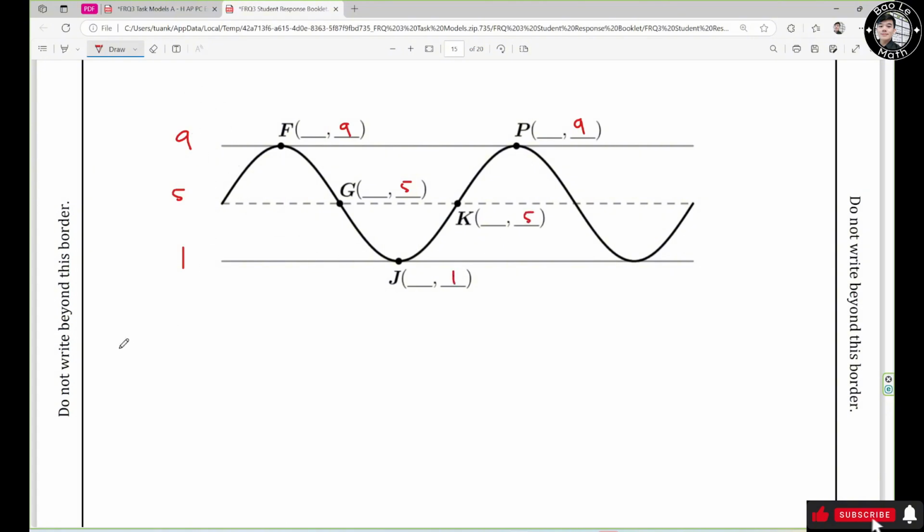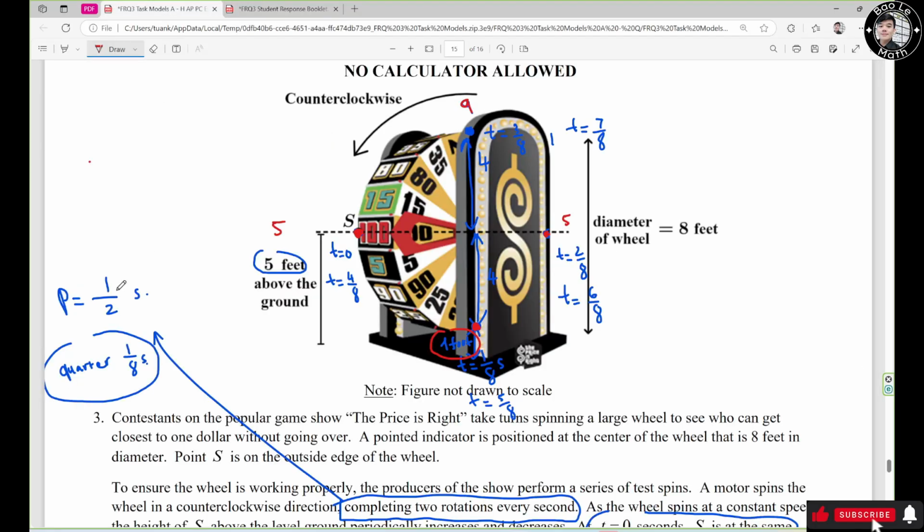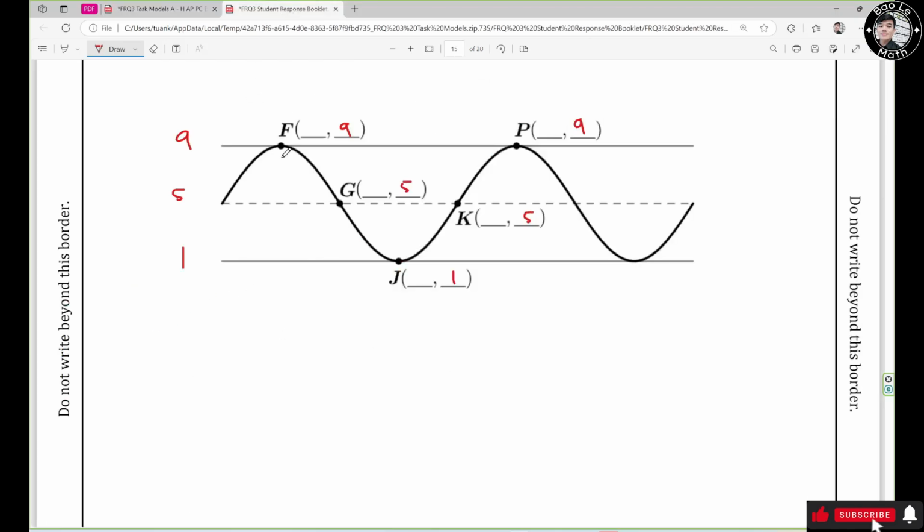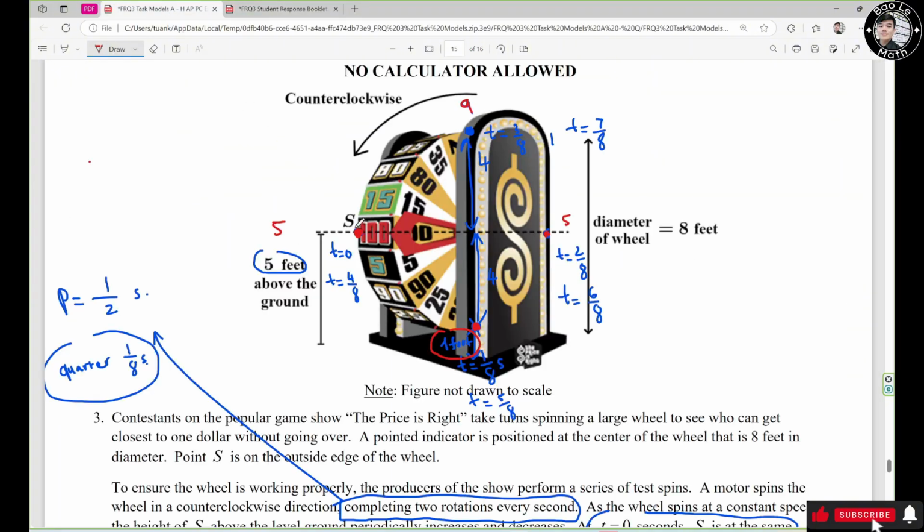Alright, we know that the period equals 1 over 2 seconds, right? And then each quarter, it should be 1/8 seconds. So you keep adding 1/8 each time. Now, point F right here is the highest point. But at t equals 0, point S is at the midline.